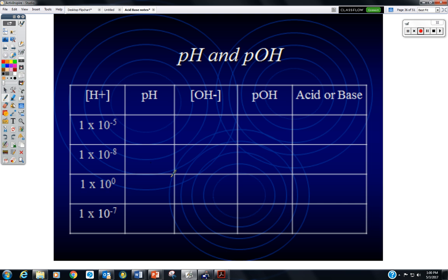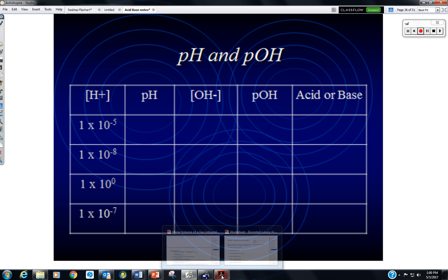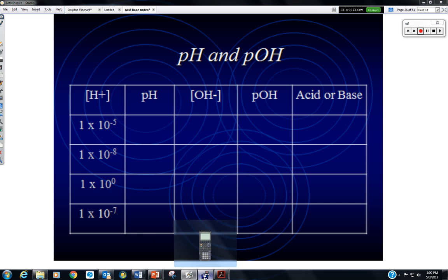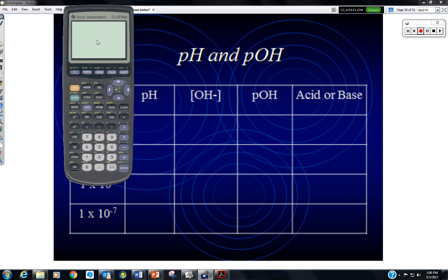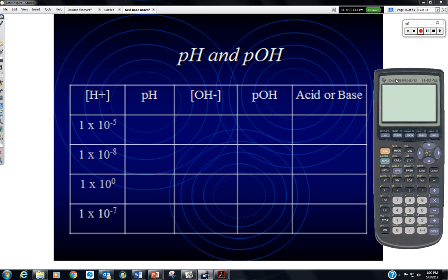So, all right, let's go ahead and look at this little page here. And I'm telling you right now, the numbers I gave you here are fairly simple. You will be able to recognize a trend, and we can actually kind of cheat and do a shortcut, but you're not always going to be able to do this shortcut.